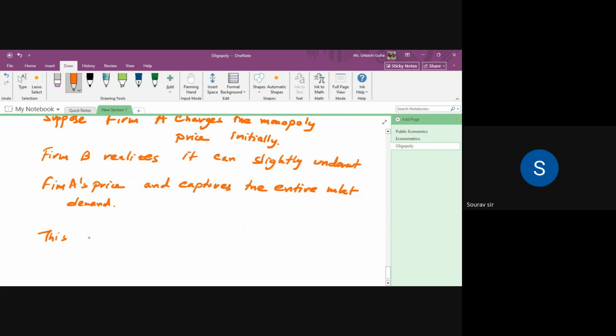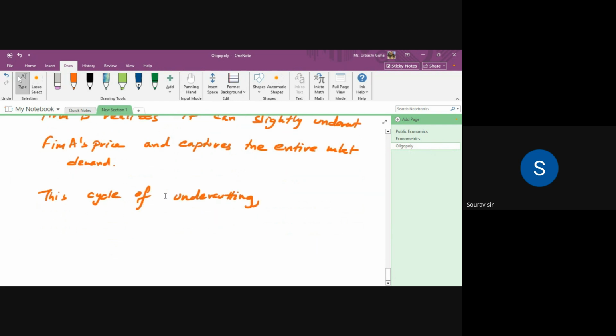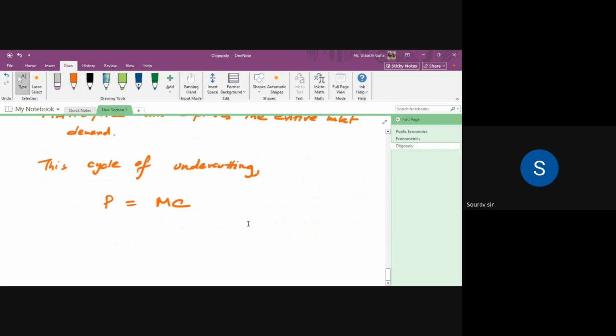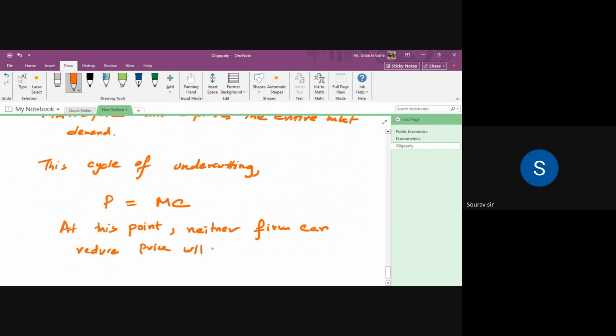So this cycle of undercutting will continue till when? It will continue to the position where price is equal to marginal cost. And at this point, neither firm can reduce price without incurring a loss.